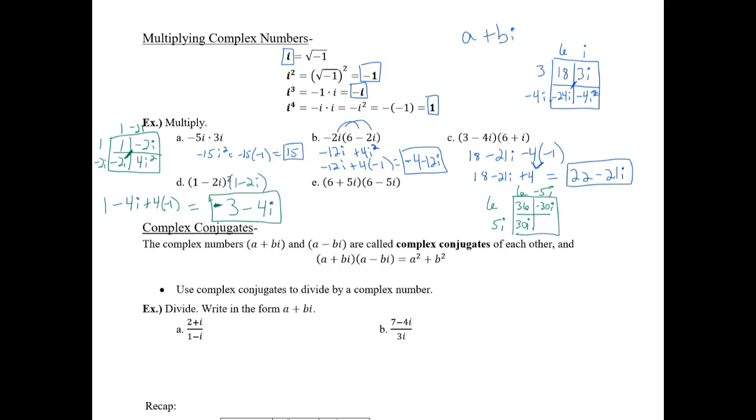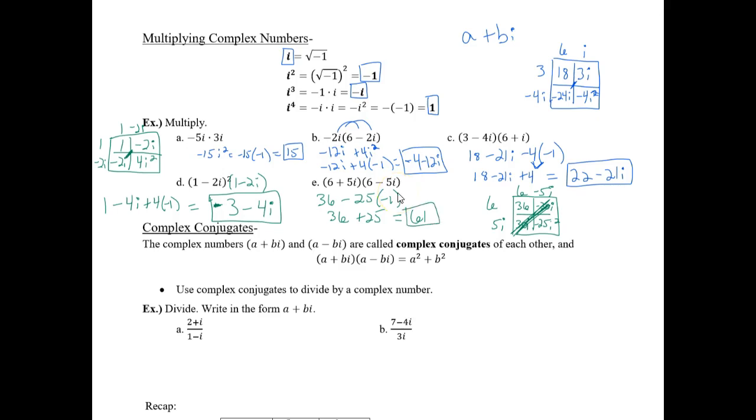And 5i times a negative 5i would be negative 25i squared. So now I have 36 plus and minus 30i, that's 0. So minus 25 times i squared, and i squared is negative 1. So now I have 36 plus 25, and I end up with a positive 61.